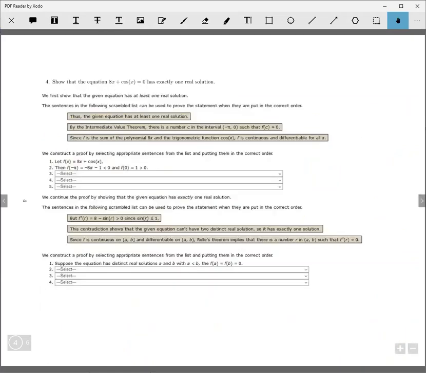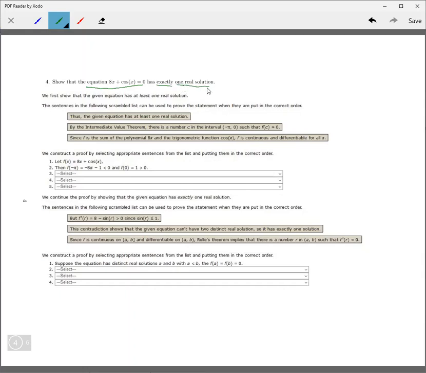Okay, let's move to the next one, number 4. And what we're supposed to do here is show that this equation has exactly one real solution.